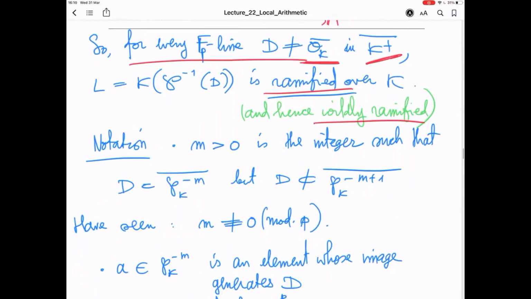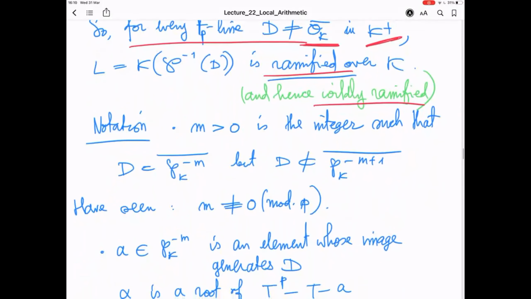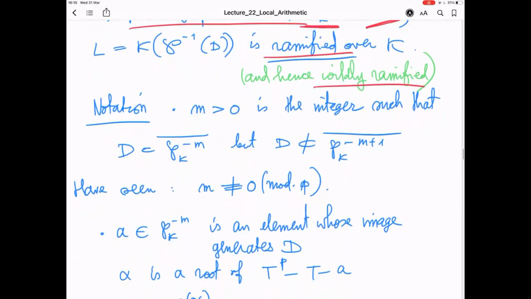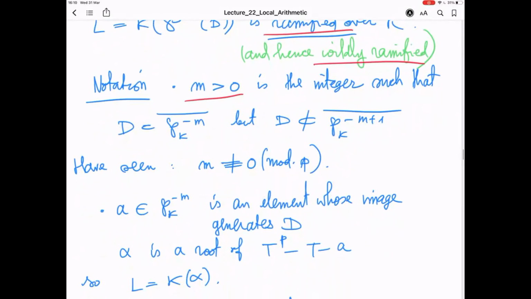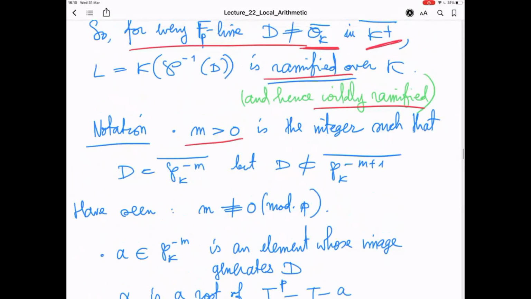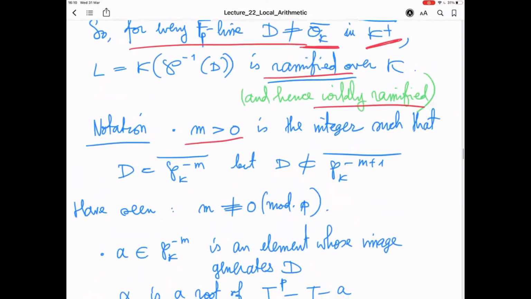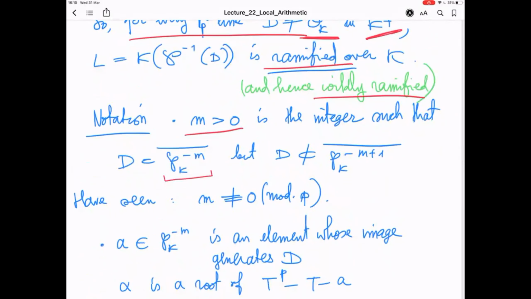Okay, so let me introduce some notation in order to determine this ramification break. So let m be a strictly positive integer. Then this D, this F_p line, will be contained in some ℘_K^{-m} bar and not contained in the previous one, right?